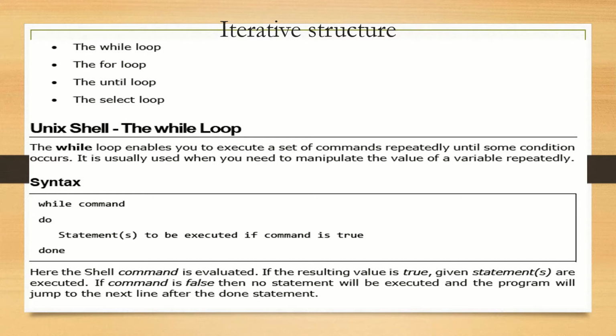The last statement is the done statement. Here the shell command is evaluated. If the resulting value is true, the given statements are executed. If the command is false, then no statement will be executed and the program will jump to the next line after the done statement in the program.